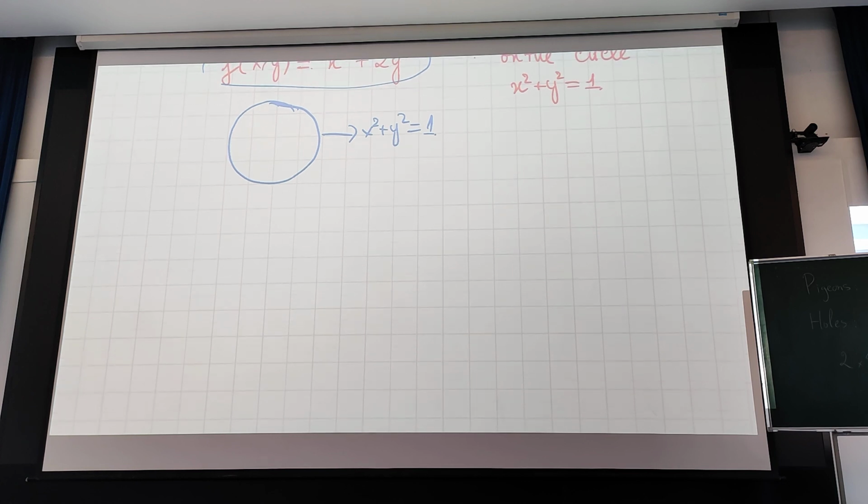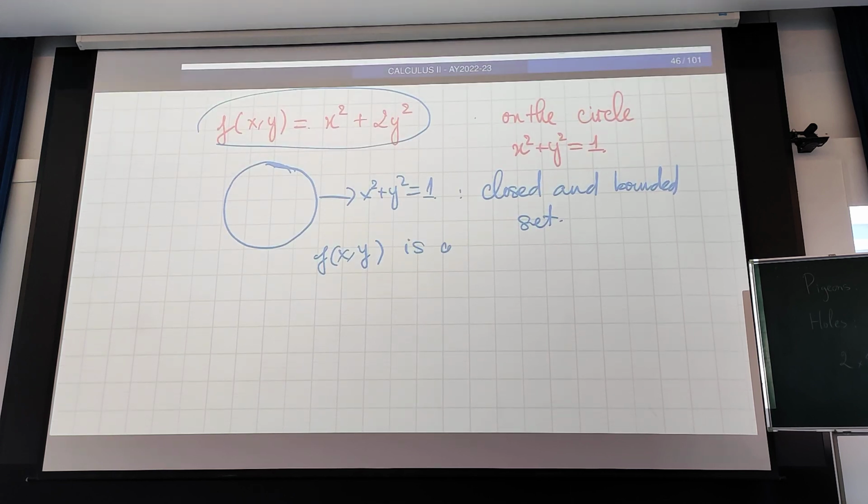Okay, so this one is a closed and bounded set, and the function f is continuous. The domain of this function is the whole space R2.